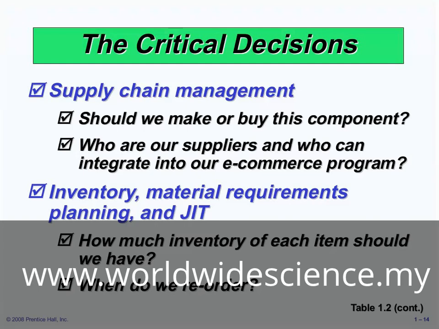This process and these activities are the supply chain management. Purchase material, transform the material to product, and then sell to customers. This chain is the supply chain management that we will discuss later.